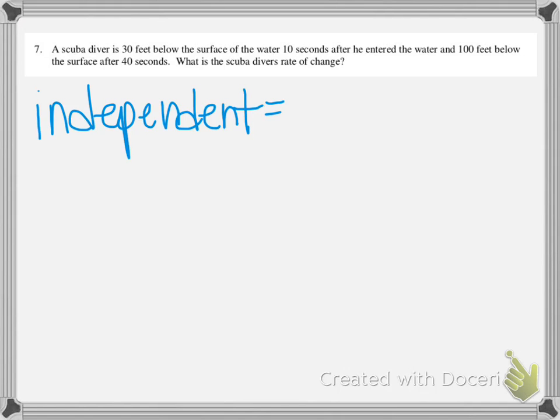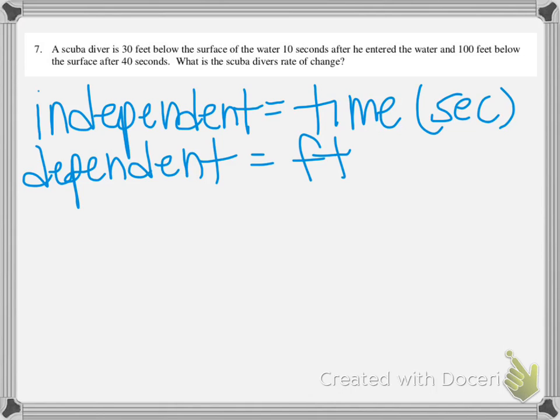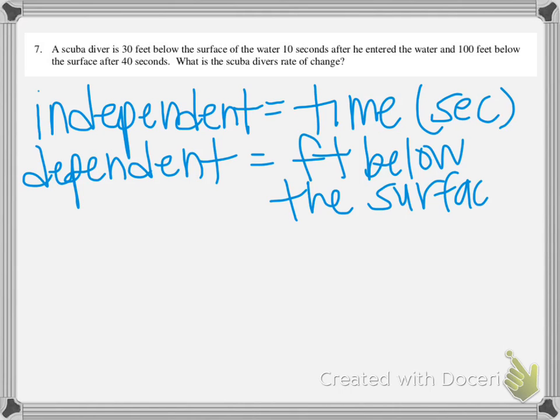Your independent variable here is going to be time in seconds. And your dependent variable is going to be feet below the surface. So you can do change in feet below the surface over change in time.